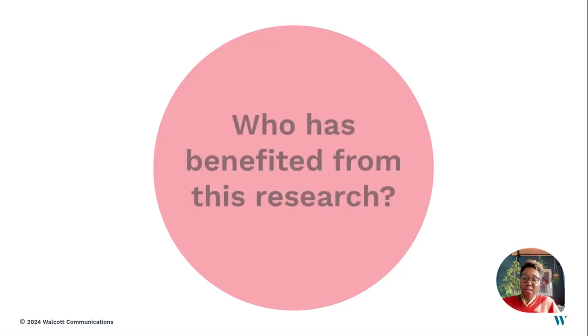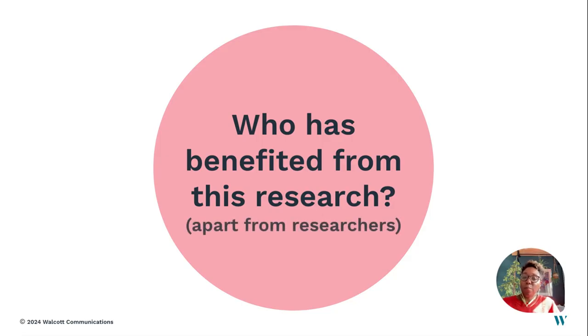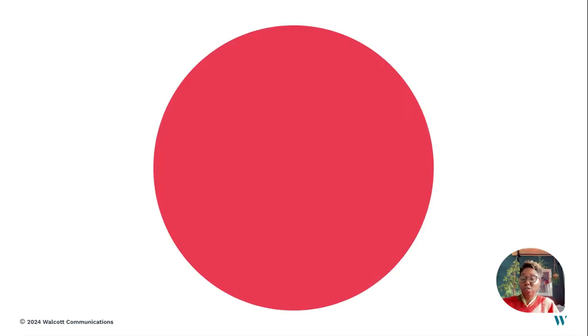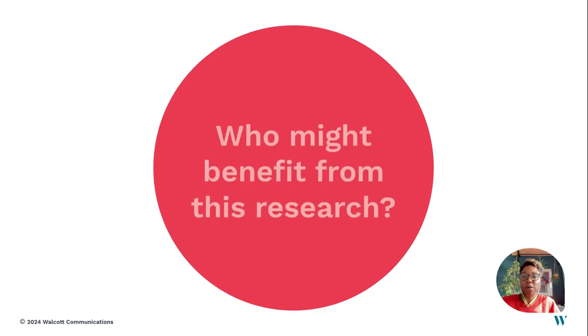And what this means is that essentially what they're asking you to do is to respond to the question, who has benefited from this research apart from other researchers? So who in the wider world has benefited? And if you are considering this question before you have done your research, so actually as part of a funding proposal, the question then becomes, who might benefit from this research?